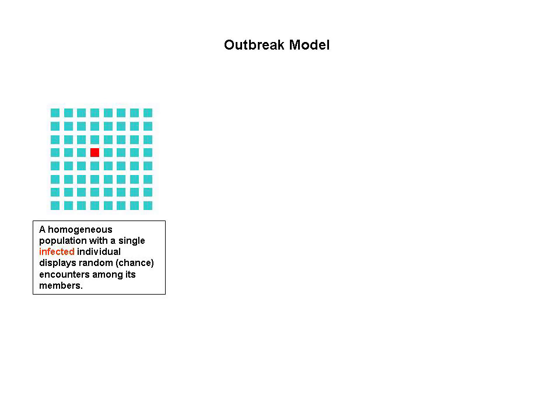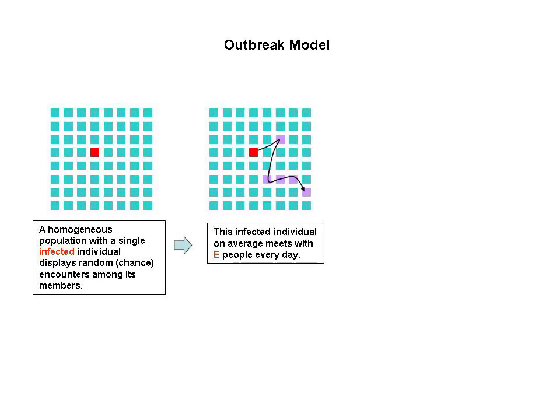Why do the epidemic models or the outbreak models predict exponential growth? The model is simple. We assume that we have a homogeneous population, and there is a single individual who is infected, and who walks around and has random chance encounters with other members of the population, and there is an average number for this.